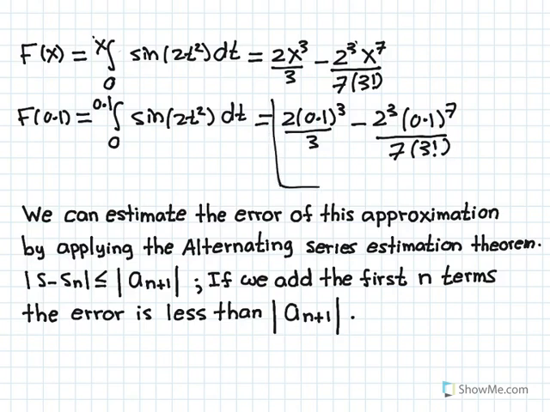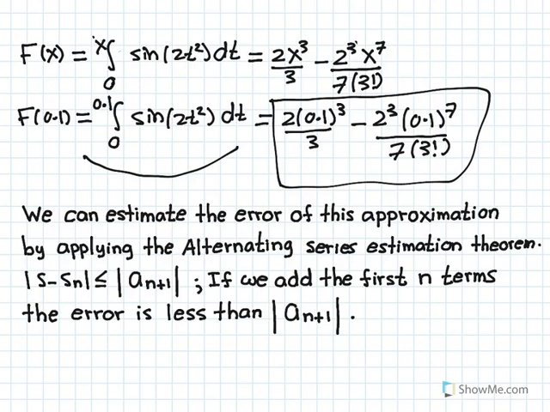So this represents an estimate for the value of this definite integral. So the question is, how good is this estimate? What is the error of this approximation? So if we decimalize this, we get approximately 0.000666648. So the question arises, how good is this approximation?